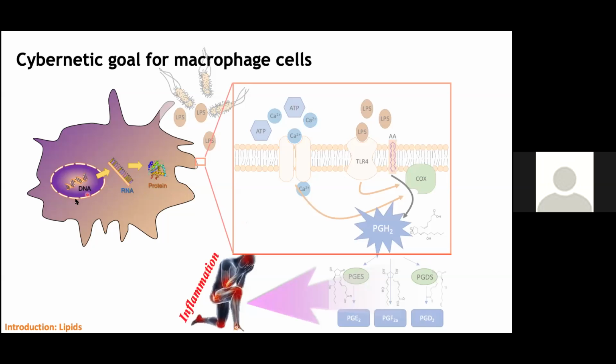The macrophage cell is a versatile, complex cell, and the goals can vary with time. But in the presence of these kinds of external stimuli, we believe the goal of the macrophage cell is to maximize inflammation. Using this formulation as a cybernetic goal, Lina will explain the network involved in the Eicosanoid pathway.